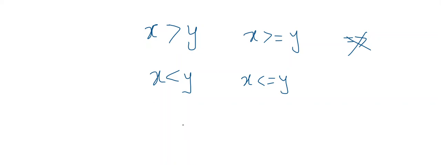Now what if I want to test x equal to y? Sometimes we get into an issue here. How do we go with x equal to y? We use two equal signs.